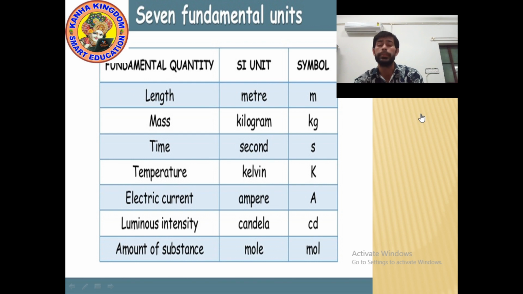Next, mass. What is the SI unit of mass? Kilogram. In general language, we use kilogram for weight, but actually to measure mass we use kilogram as the SI unit, with the symbol kg.